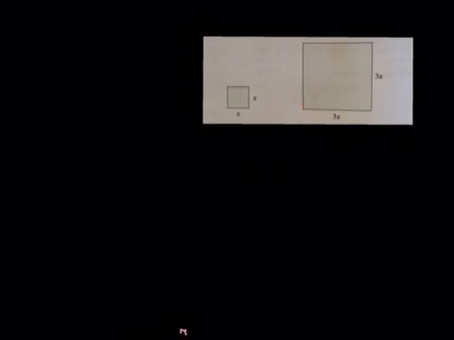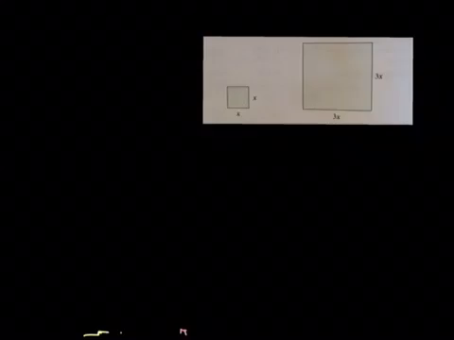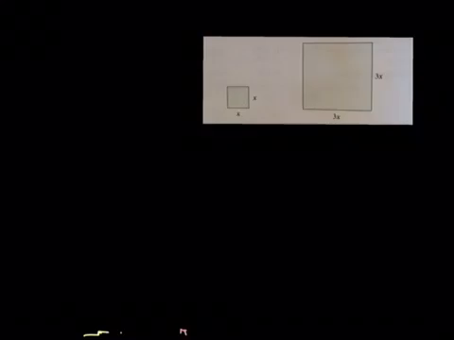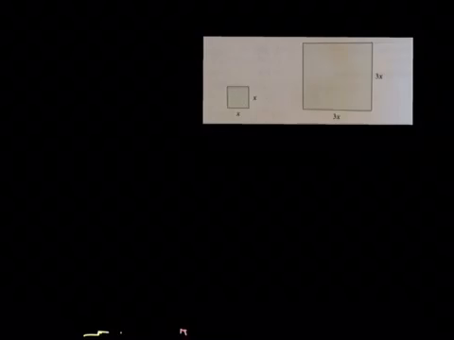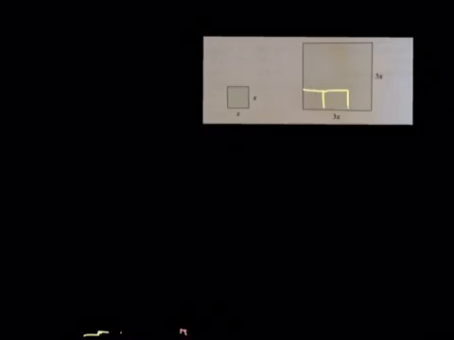Now you could draw some pictures here and go, well, if this is x and this is 3x, then I can get basically 9 of them in there because I've got an x, an x, and an x, and an x, and an x, and an x. Okay, that's the geometric way of doing it.